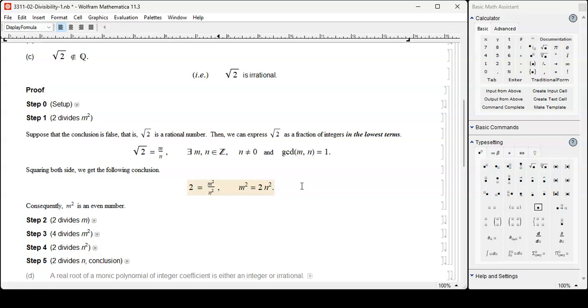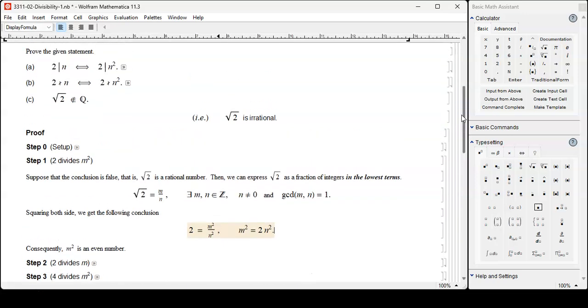And we are doing divisibility, so we're going to use divisibility at some point. So what conclusion can you draw? m squared is divisible by 2. That's what we did. m squared is an even number. Now, if you remember what we just did, m squared is an even number. That means m is an even number as well.